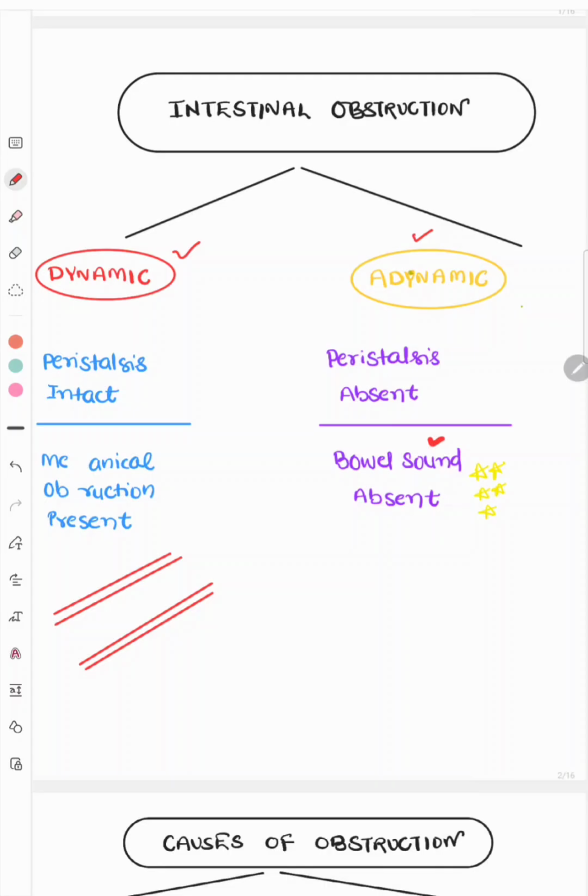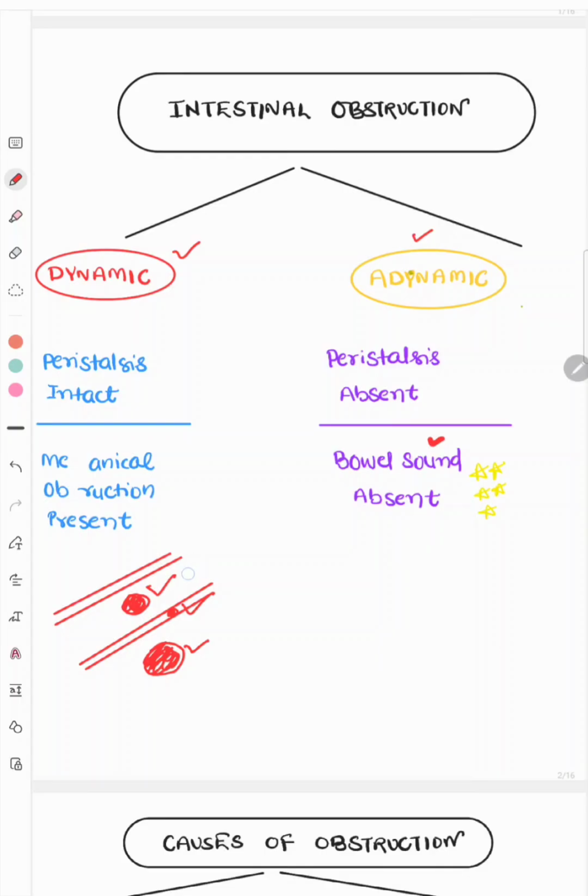In dynamic there is a mechanical obstruction which can be present in the lumen of the bowel, in the wall of the bowel, or outside the wall of the bowel. So there are three types of mechanism which can cause dynamic obstruction: in the lumen, in the wall, or outside the wall.